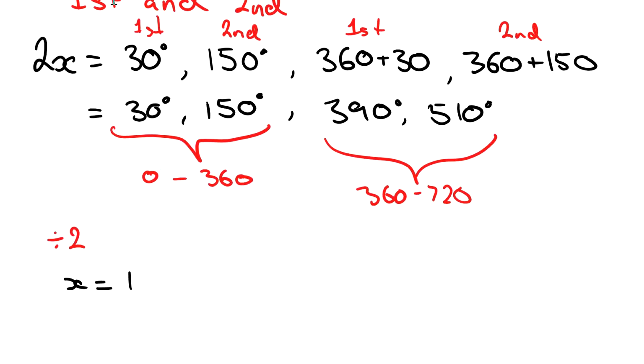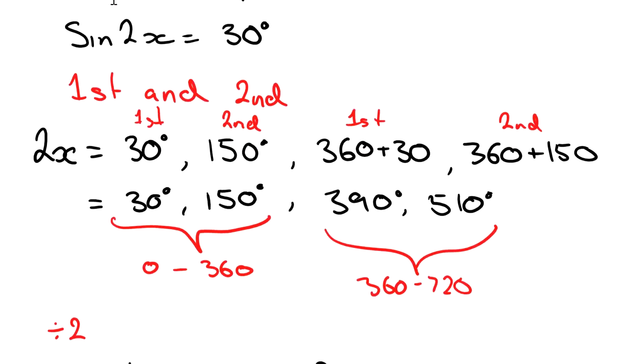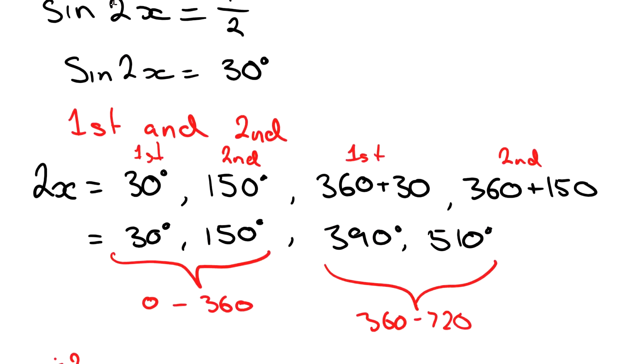So x is going to equal 15, 75, 195, and 255. So these x values solve our solution for 2 sine 2x equals 1. Now remember, again, that 2 up here indicates that we're doing 2 laps around our circle, so you'll have to go from 0 to 360 and 360 to 720.